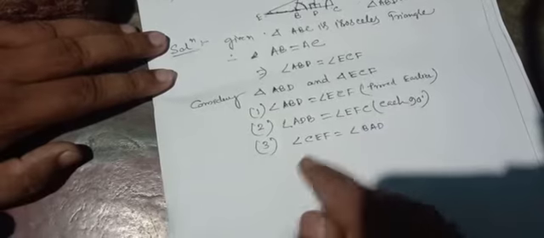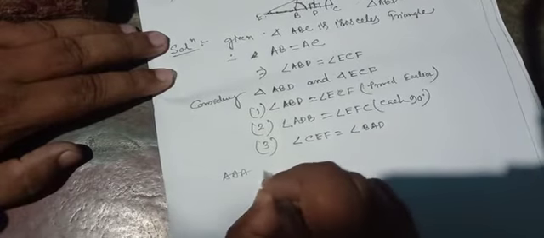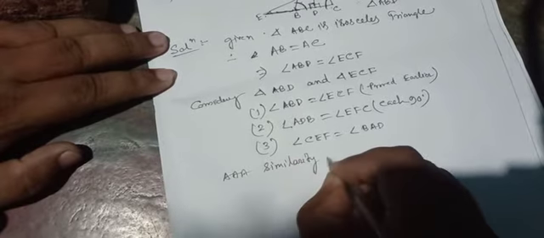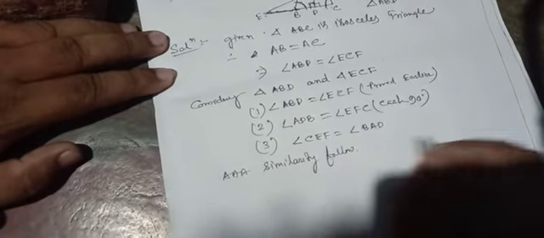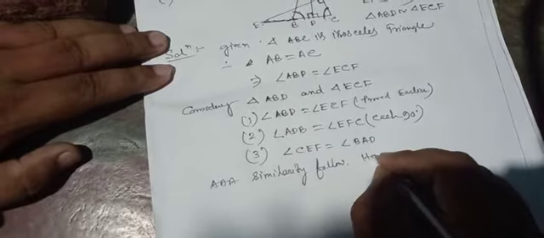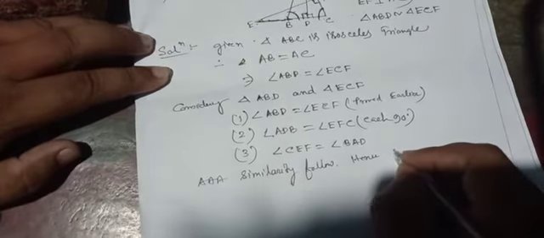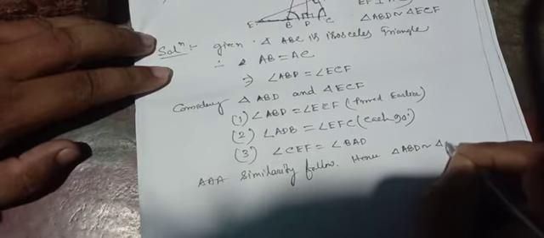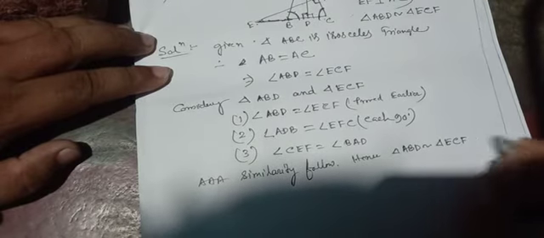So angle similarity follows. Hence triangle ABD is similar to triangle ECF. Proved.